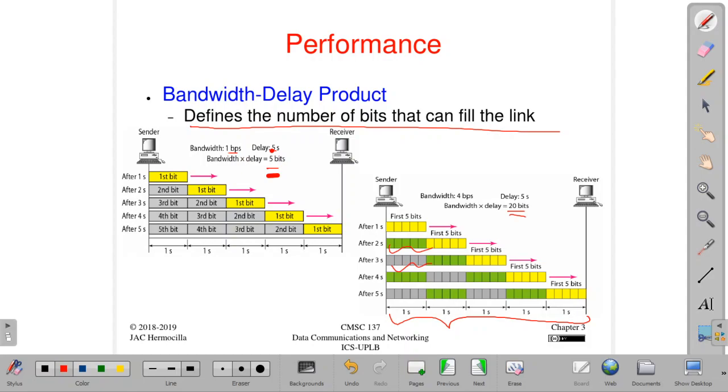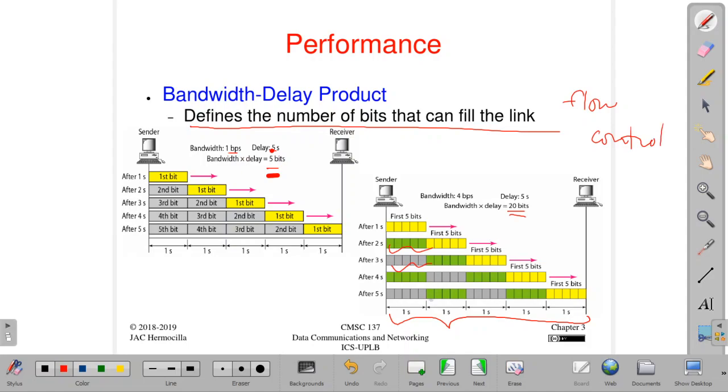Because we want to make efficient use of the transmission link. This is important when we go to the data link layer, when we talk about flow control.